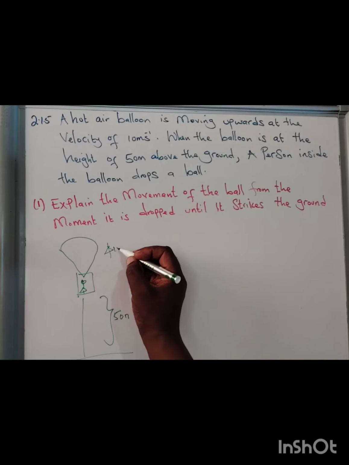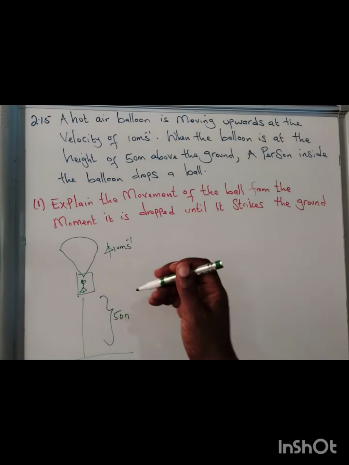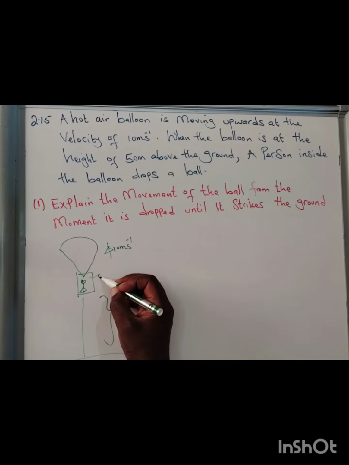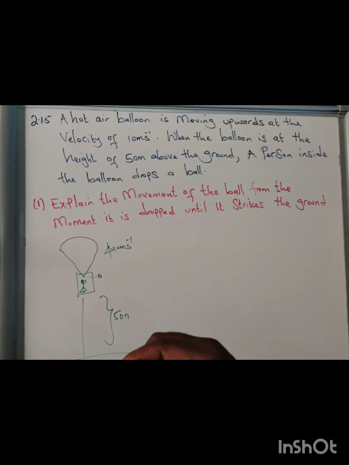It's moving at 10 meters per second, and this person takes out their hand and drops the ball. Dropping means that she or he held the ball and let it go, not pushed.